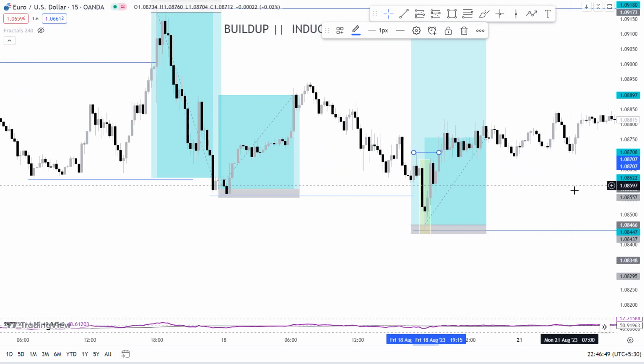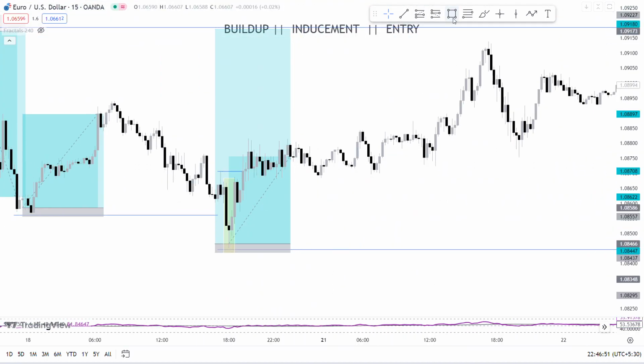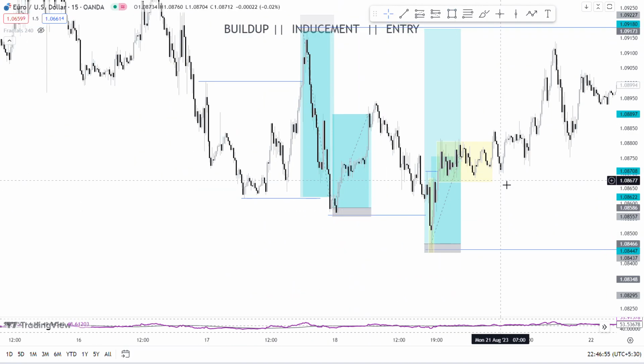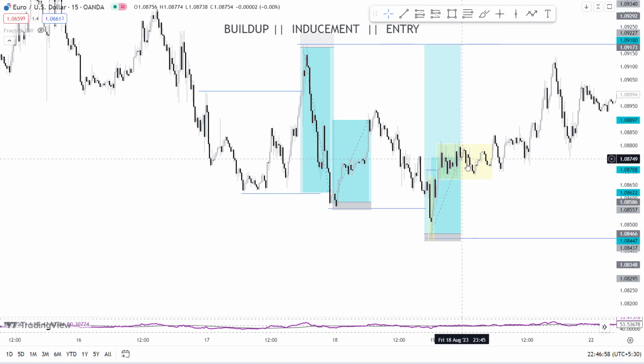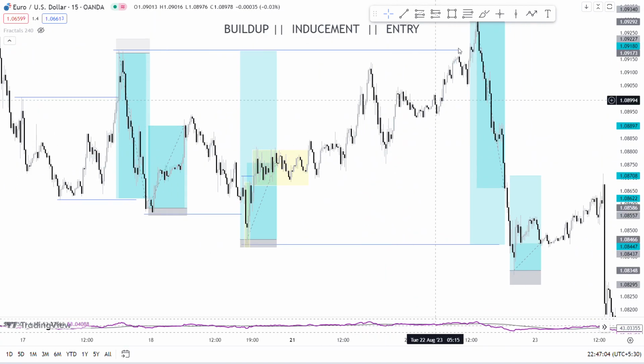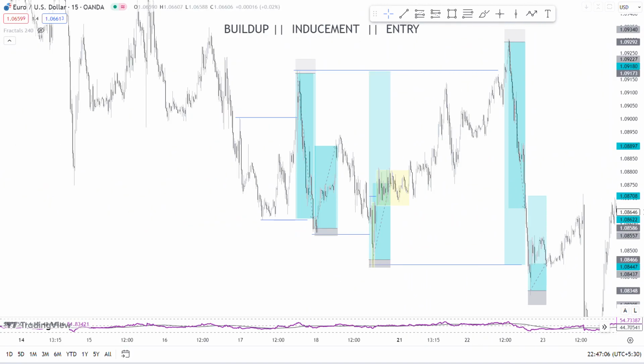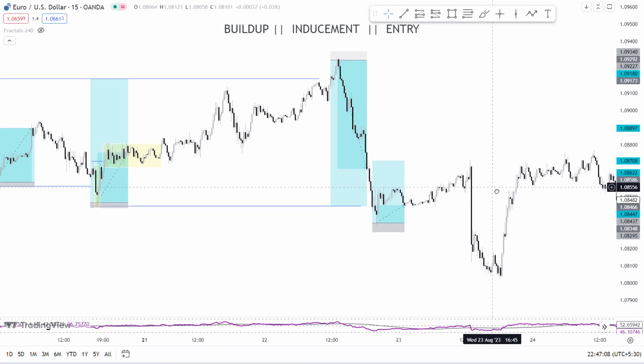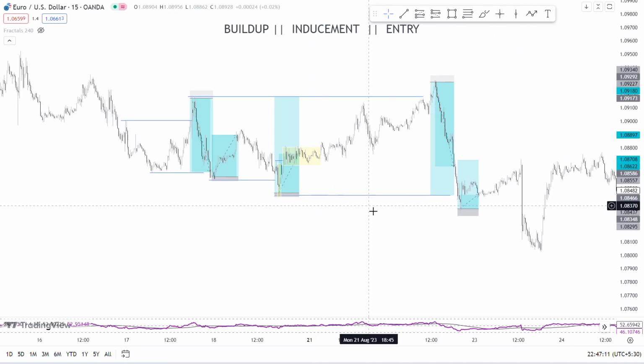Their liquidity got taken out here and the price reversed. That's why after the liquidity got taken out, the price gave a small pause. This is the pause the price gave because the liquidity is exchanged here. The retailers' liquidity is exchanged into the buyers' liquidity and then the price booms. Simple thing guys, simple logic if you can understand.